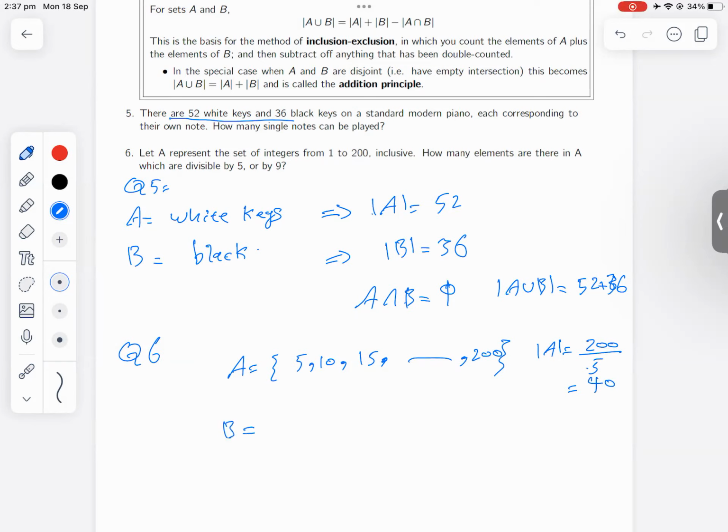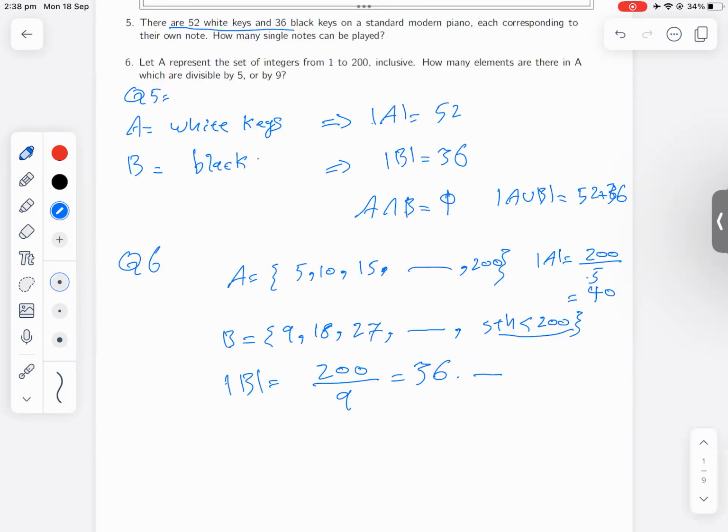And B is 9, 18, 27, and so on, up to something less than 200. B should be 200 divided by 9, which is 36 point something. But how many inside? Definitely I should take the floor of this, which will be 36.